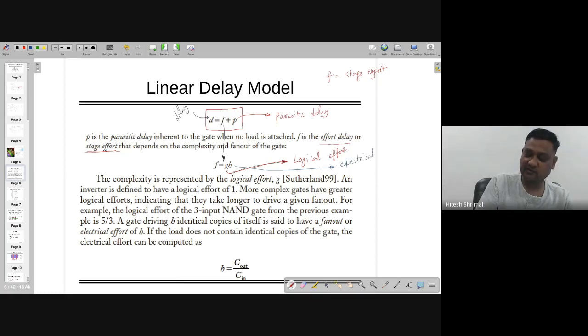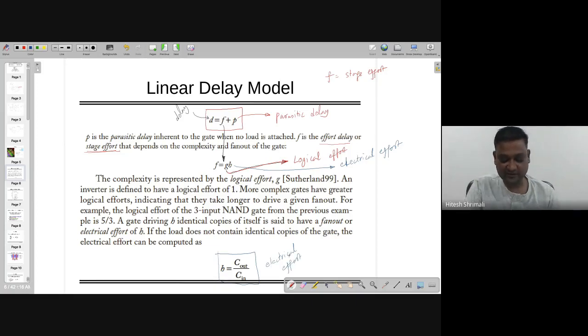Electrical effort is defined as the ratio of C out by C in, when you have to drive a particular load capacitance. As the name rightly points out, electrical effort. Ideally C out has to be as low as possible so that you can drive it; in other words, H has to be less than 1 so that things are fine.